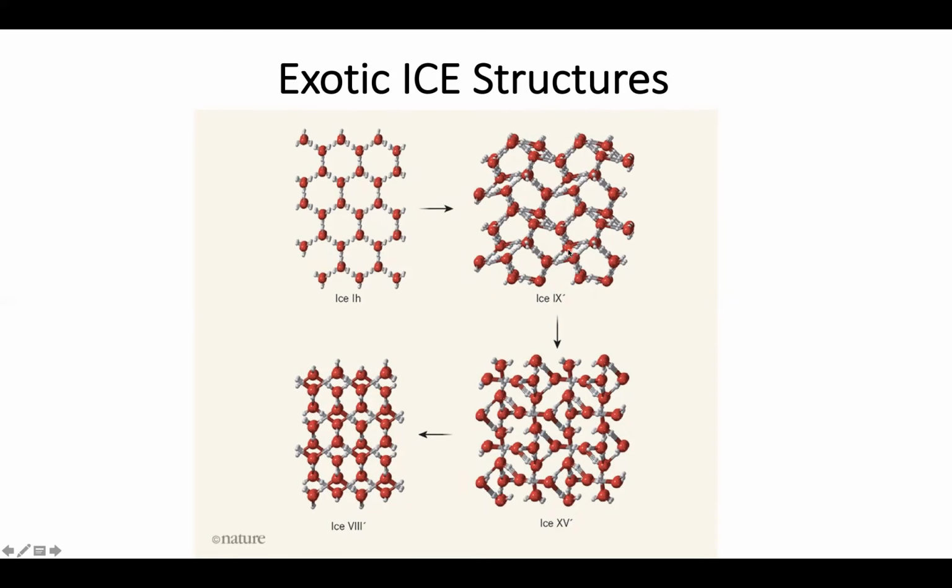And then you can compress this even more till you get to ice 15. And then as you compress the system even more, you get to the classic, stable, very high pressure system. So you have to put a lot of high pressure to move past the semi-stable 9 and 15 to get to ice 8, which again is our low pressure scenario.